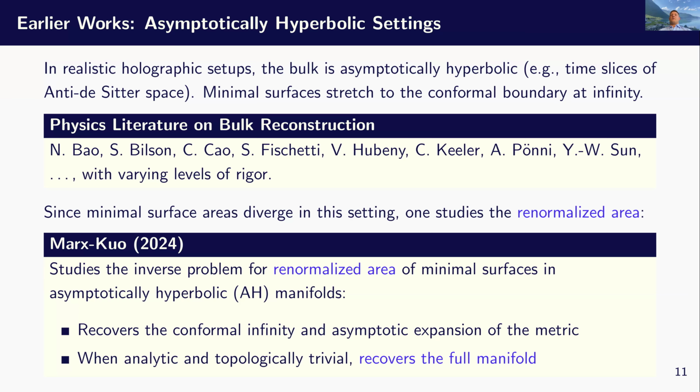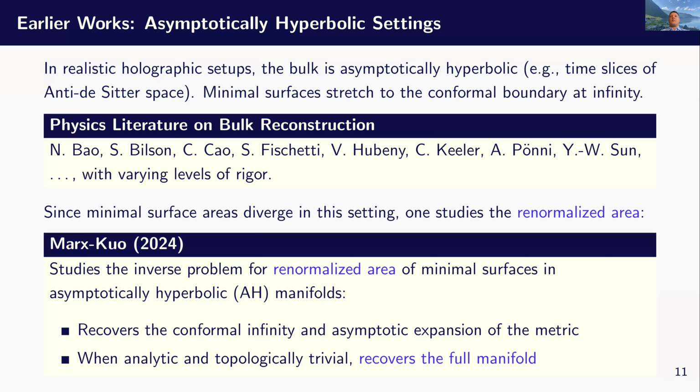Minimal surfaces which go to the infinity naturally have infinite area. And for that reason, one studies the so-called renormalized area, which is some kind of normalized version of the area of these infinite surfaces. And there's a nice paper by Jared Marx-Kuo from a couple of years ago, and he studied the inverse problem for renormalized area of minimal surfaces in asymptotically hyperbolic manifolds.